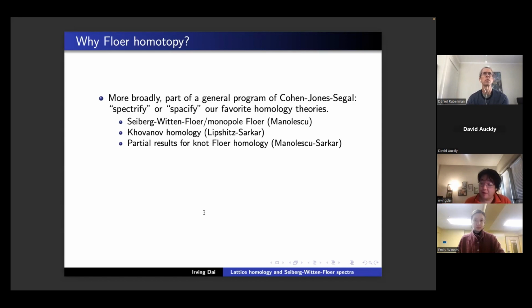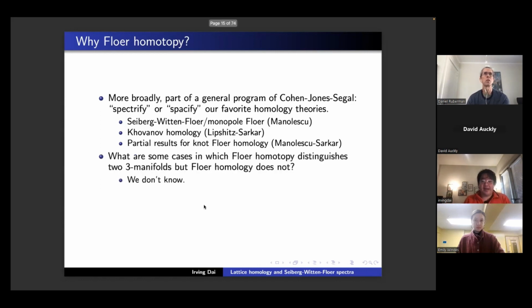So the Seiberg-Witten-Floer homotopy type is, I think, in some sense the first successful instance of doing so. So let me pour cold water on my own theorem for just a moment. The most basic question you could ask, having developed a Floer homotopy type in some setting, is whether it is stronger than the Floer homology.